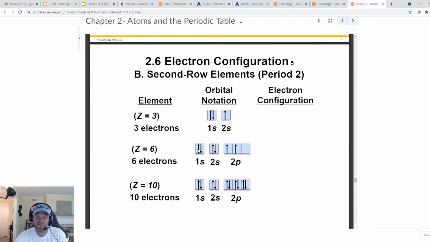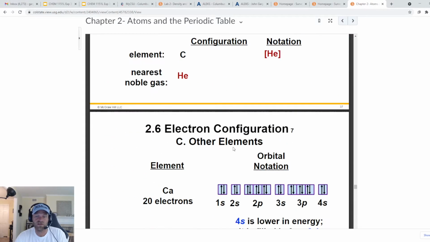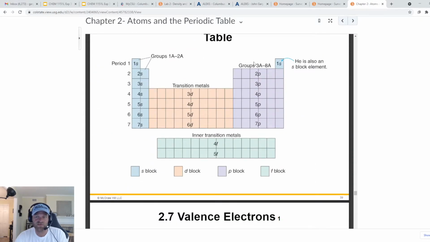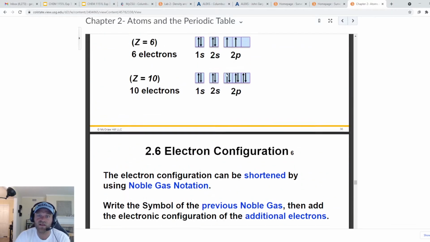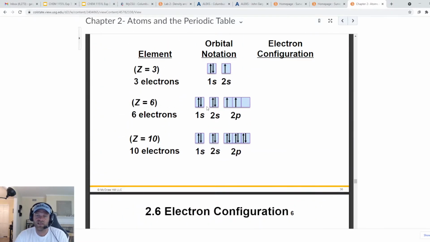Okay, and so just to count again, 1, 2, 3, 4, 5, 6 electrons. Remember, if it's neutral, that means 6 protons too. So it'll be atomic number 6. 1, 2, 3, 4, 5, 6. Yes, that's carbon. All right, and it'll fill out the electrons in this fashion.